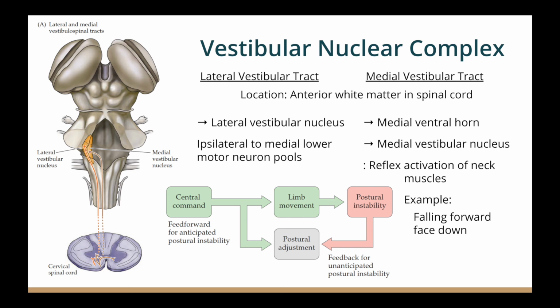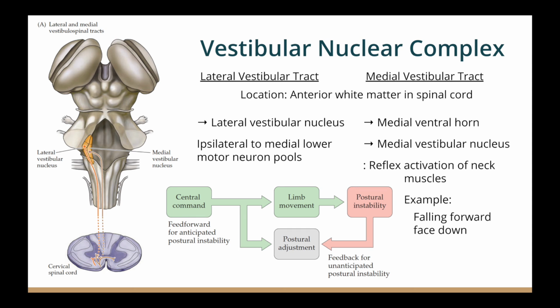Within this local circuit of neurons, the cranial nerves control eye and head movements. So if you were moving your head but fixing your eyes on a static object to your right, then you would use your lateral vestibulospinal tract to focus on that object with your eyes while moving your head simultaneously in the opposite direction.